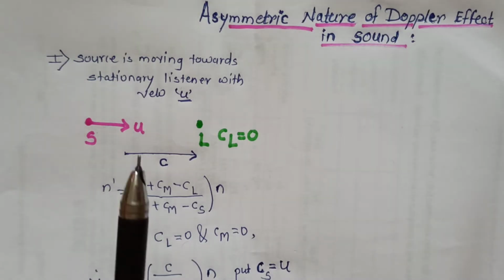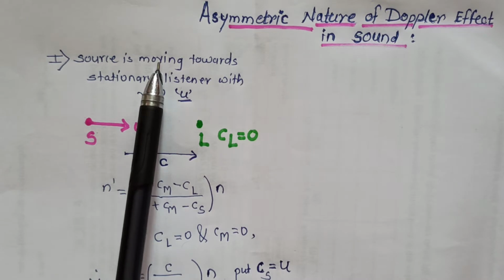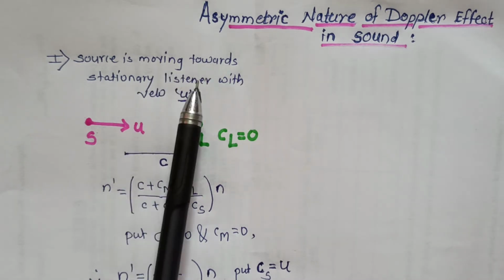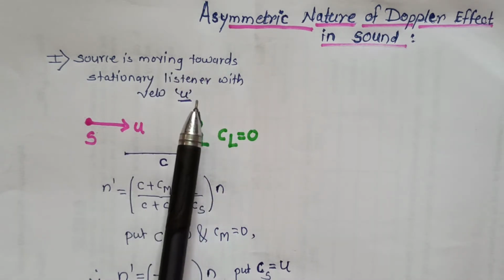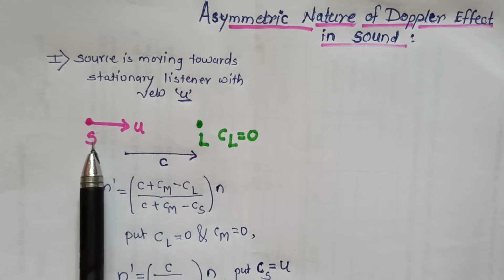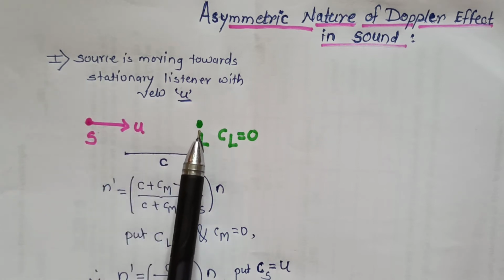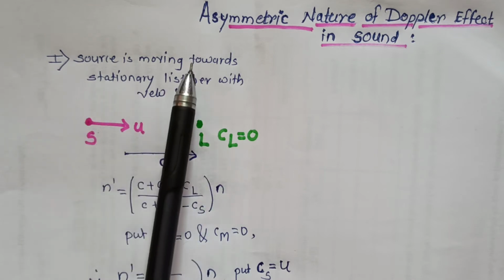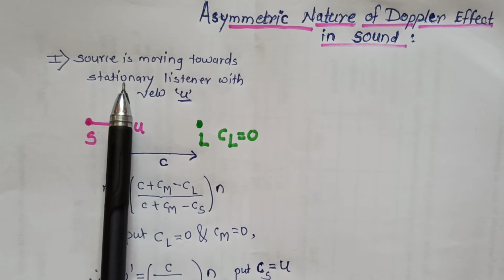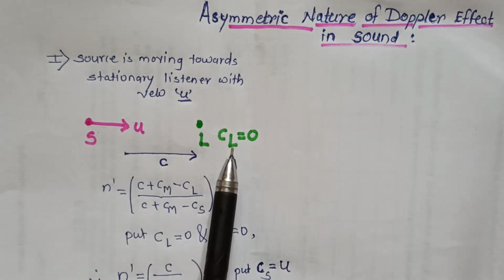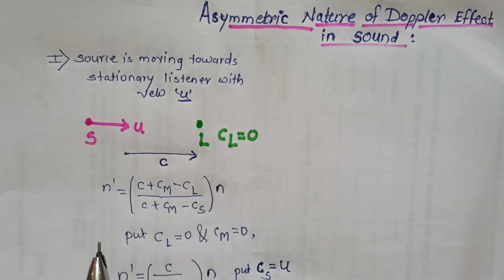Consider case first. Source is moving towards stationary listener with velocity u. This is the source, moving with velocity u. L is the listener. The condition is the listener is stationary, therefore its velocity CL is equal to 0.